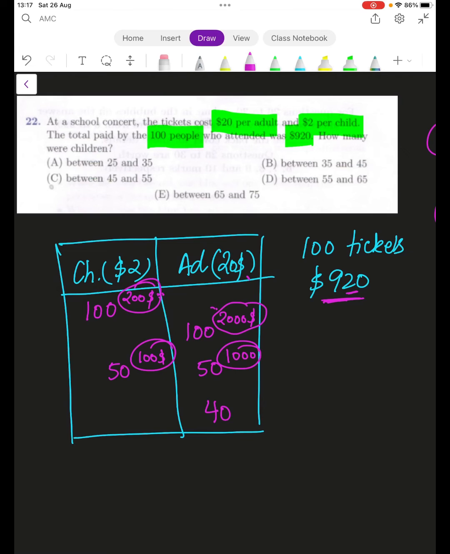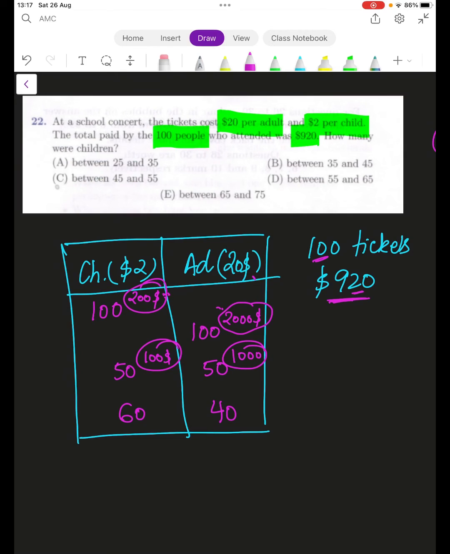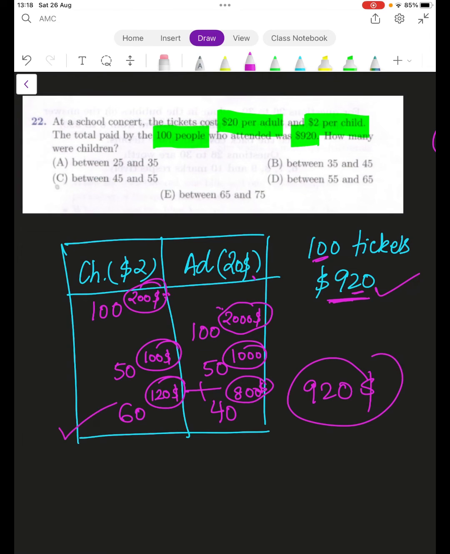So let's check 40 adults and 60 children, because we buy 100 tickets. 60 children tickets will cost me $120, and 40 adults will cost $800, and together they are $920, which was the price.